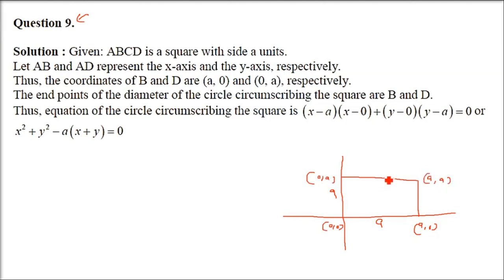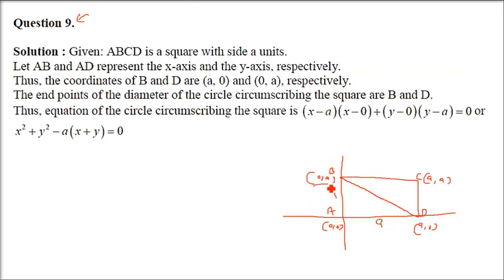So the question is saying that in this ABCD, we are taking AB and AD. Any diagonal you can take and you will make a circle which will circumscribe it. You can take it either clockwise or anti-clockwise. So this line we are taking as a diameter of the circle.